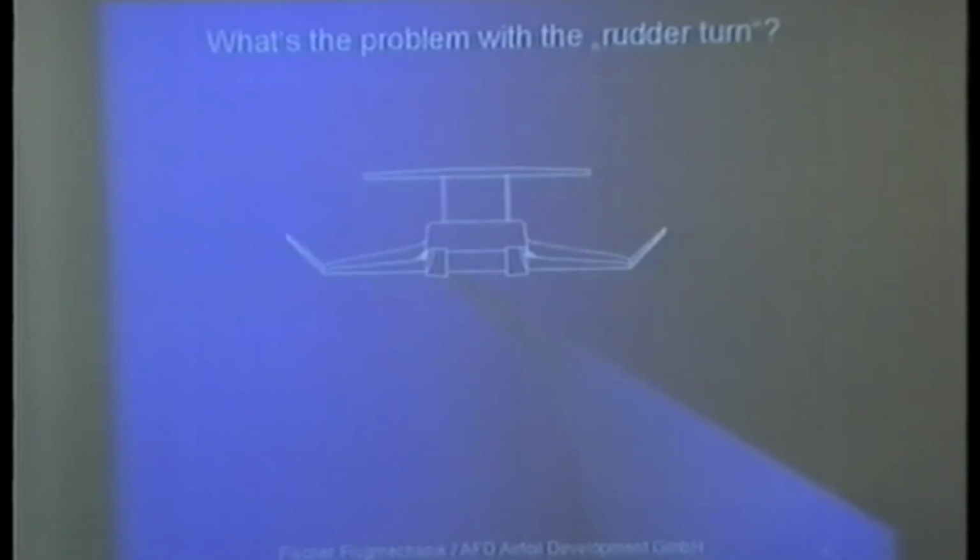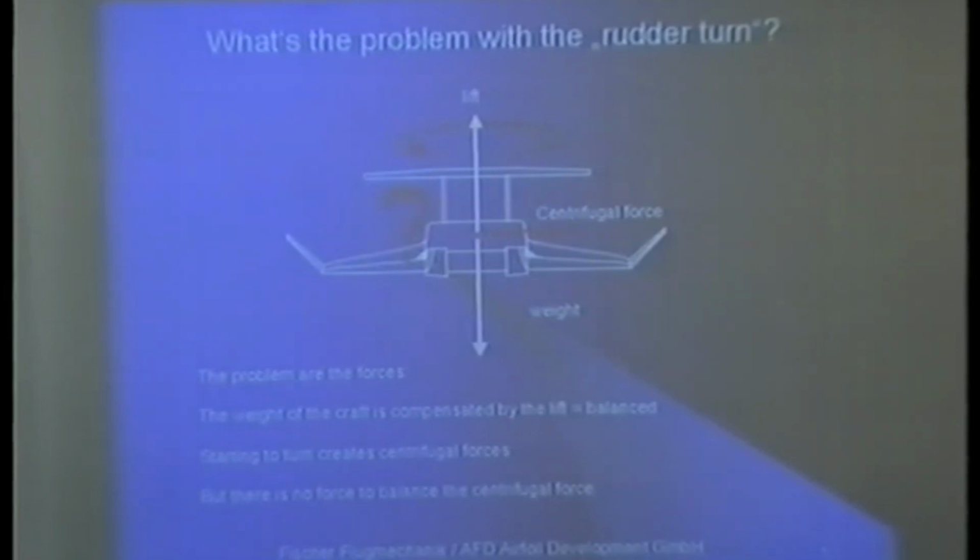To explain it simply, again, the problems are, the forces are clearly to see in this picture. And when we try to make a turn, we have first of all the centrifugal forces. And this is the same as when you are with your car on ice.